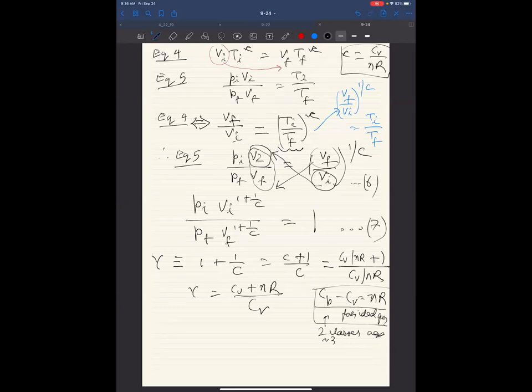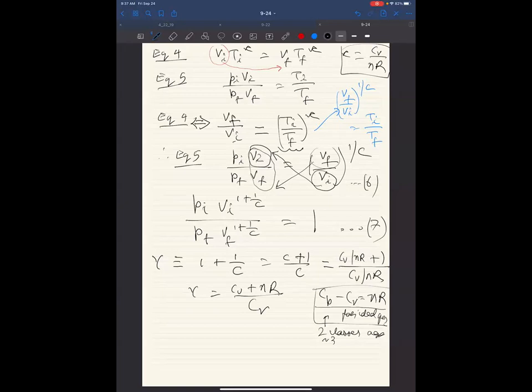I also think about thermodynamics all the time, so it's a bit unfair. H is equal to U plus PV. For an ideal gas, PV is equal to NRT. So CP becomes partial U by partial T at constant P, plus partial NRT by partial T at constant P.